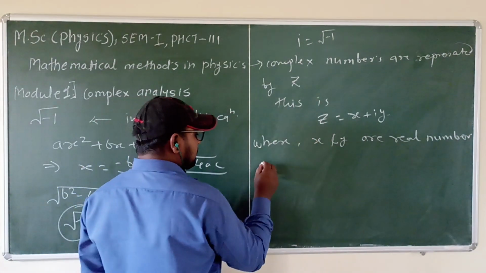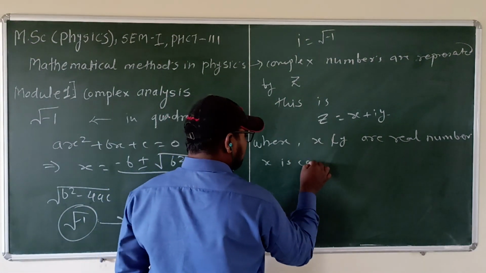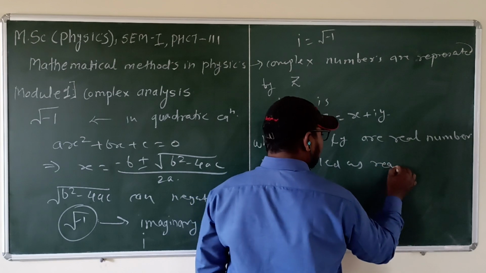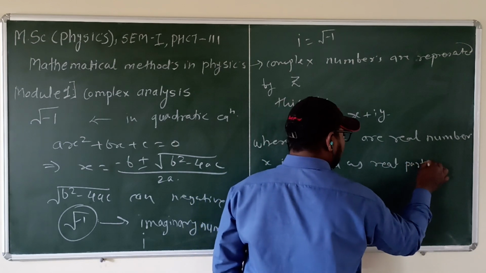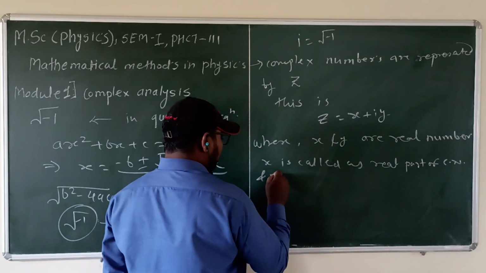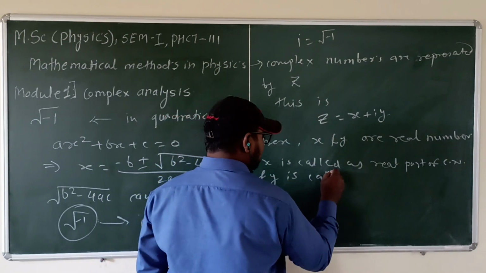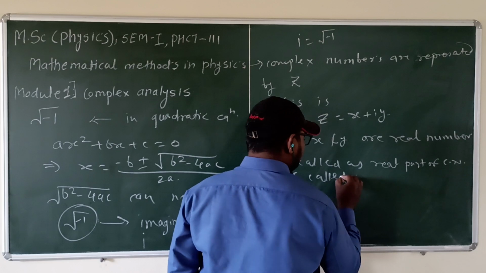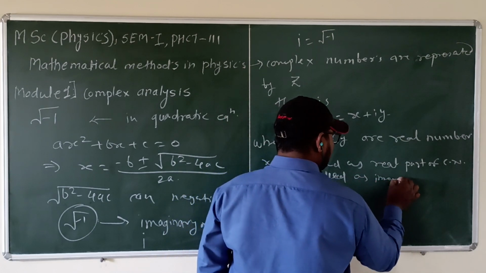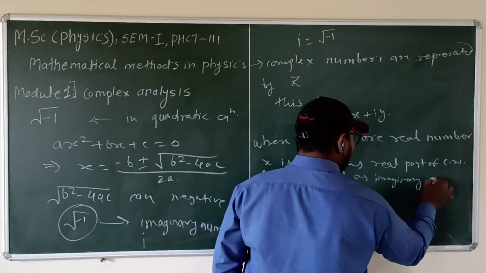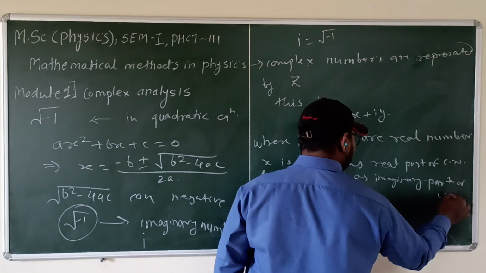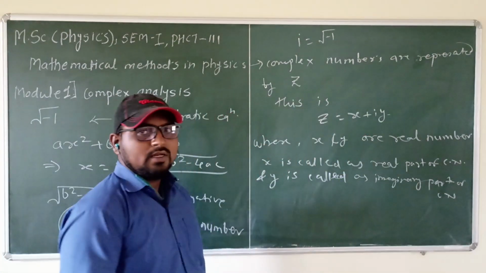So here x is called the real part of the complex number, and y is called the imaginary part of the complex number, right?